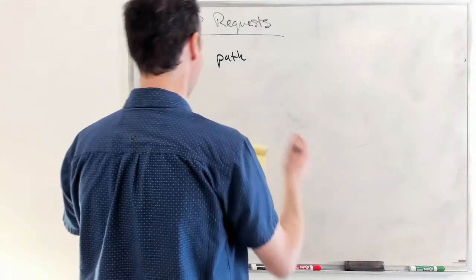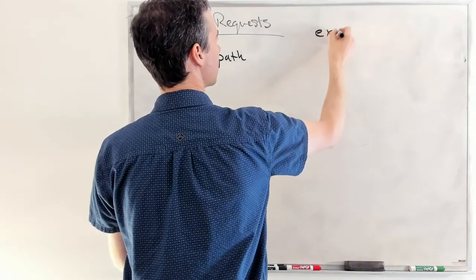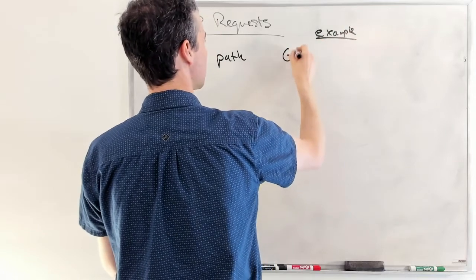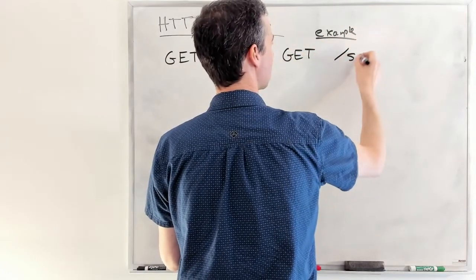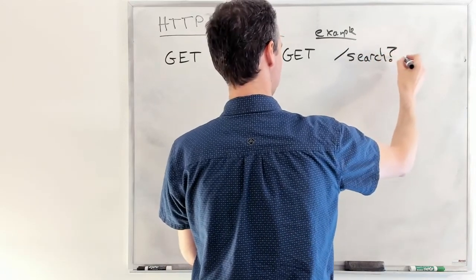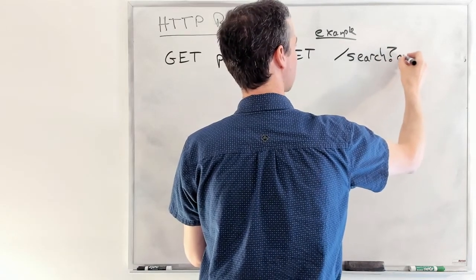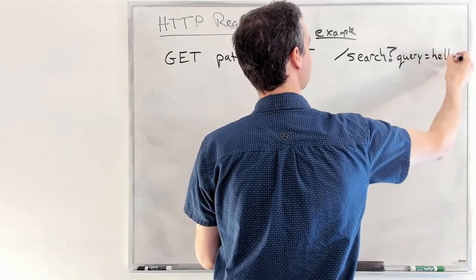An example of a GET request could come in, so we could have some examples over here. We could have a GET, and maybe the path is /search, and we have some sort of query string on it, where the query is equal to hello. Who knows?